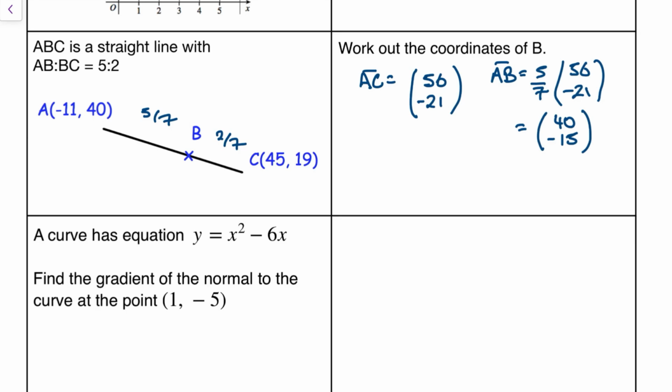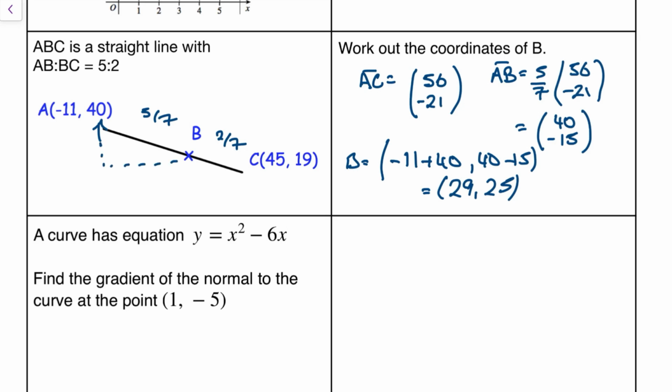So therefore, in order to work out my point, the point B is going to be, well, it's minus 11 plus 40, and it's 40, so this 40, so different 40. So this 40 minus 15, and that gives me a final answer of 29, 25. And quick check on the diagram. I mean, it's not brilliant, but that kind of looks okay, doesn't it? I mean, kind of looks okay is not maths, but it doesn't look unreasonable.